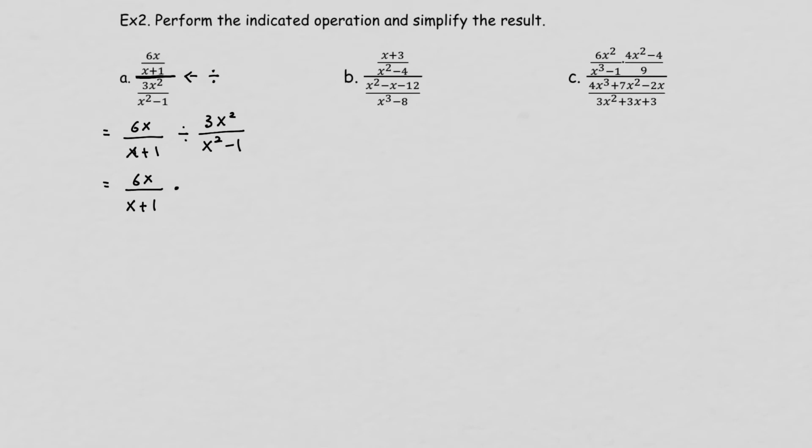So your denominator will become the numerator because I'm flipping this, because I changed division to multiplication. And this is another difference of square because 1 can be 1 squared. So when I factor this, I will get x minus 1, x plus 1.